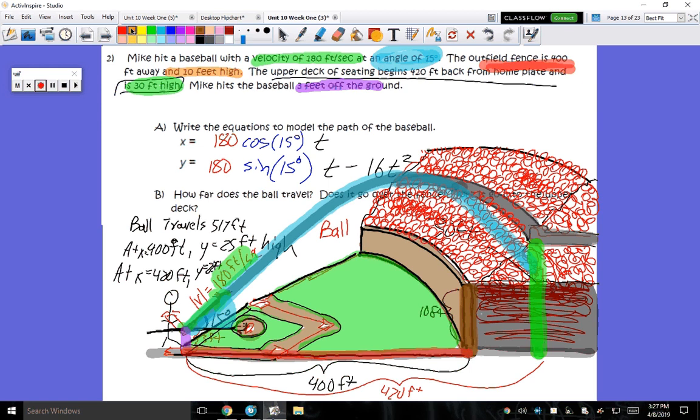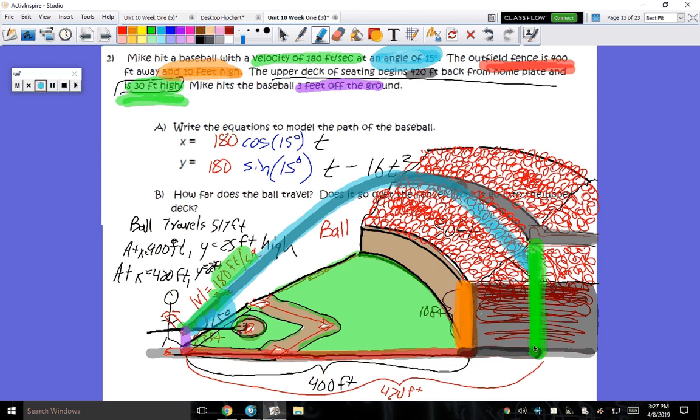So this 10 feet high is right here. And then furthermore, the 420, if I kept going on, that little bit more is here. At that point in time, it's 30 feet high. Can you understand the graph now?